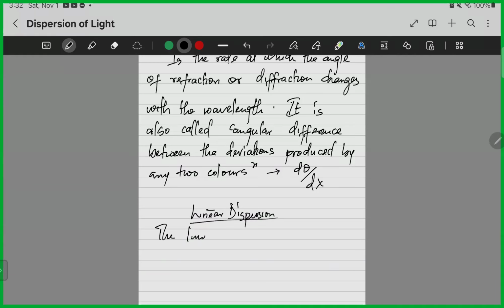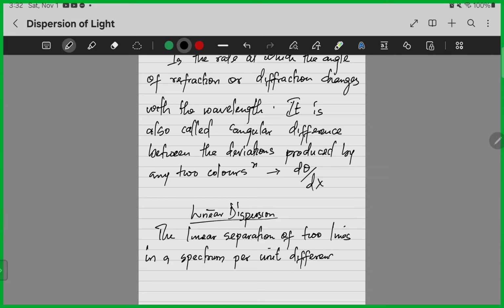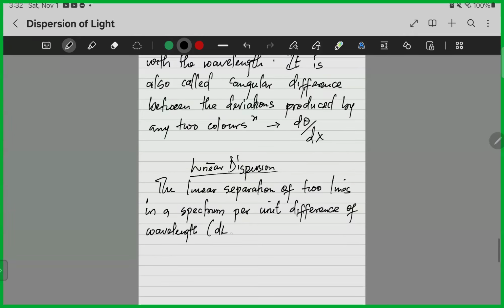The linear separation of two lines in a spectrum by unit difference of wavelength, the lambda, is called linear dispersion.